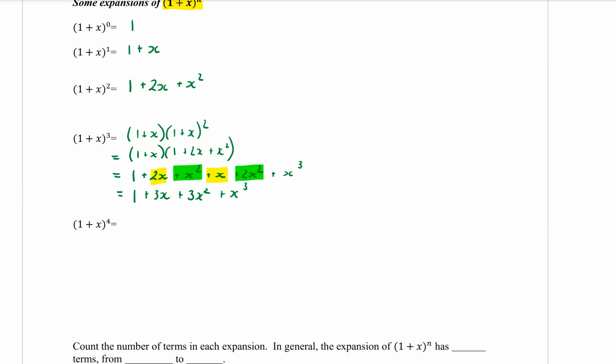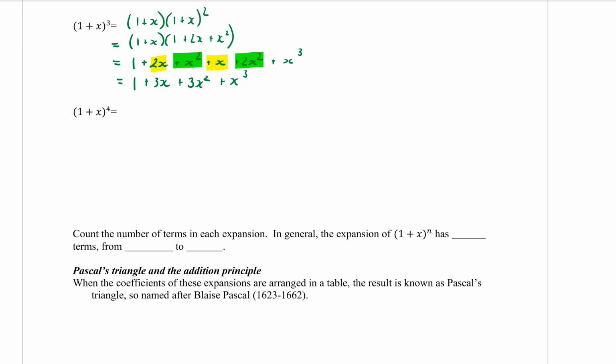Then to expand (1 + x)^4 further, we are going to multiply 1 + x by (1 + x)^3, because we already know what that is. So we have 1 + x, and then our last expansion was 1 + 3x + 3x squared + x cubed.